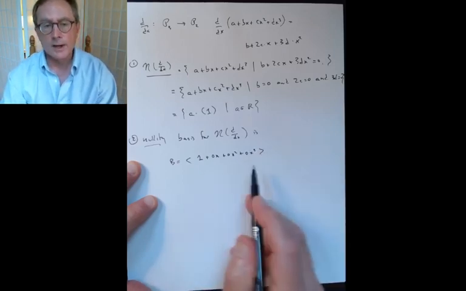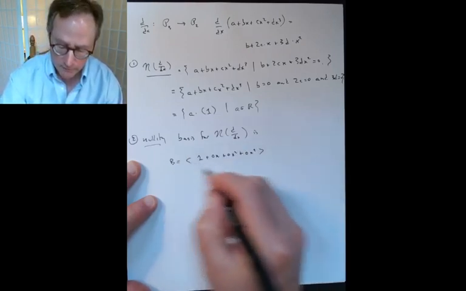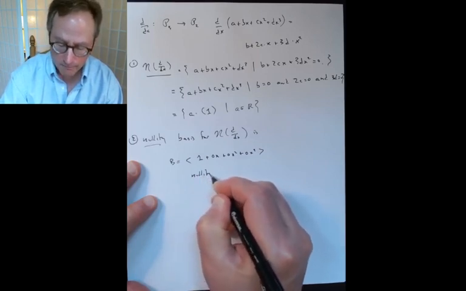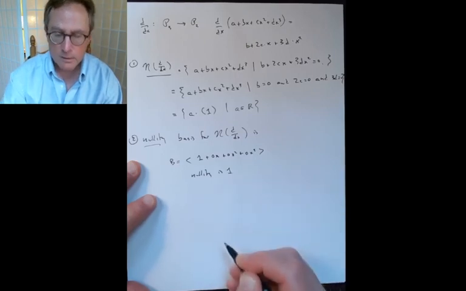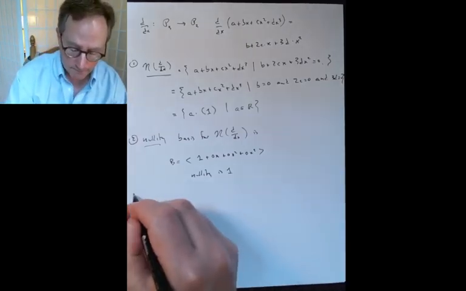That's way overkill, but anyway, I wrote it. So the number of things in that basis is 1. The dimension of the null space is 1. Nullity is 1.